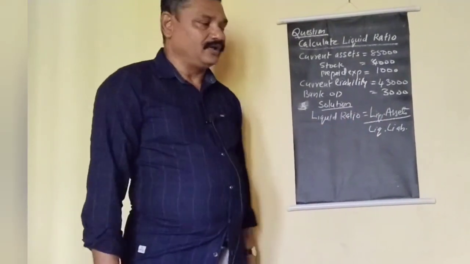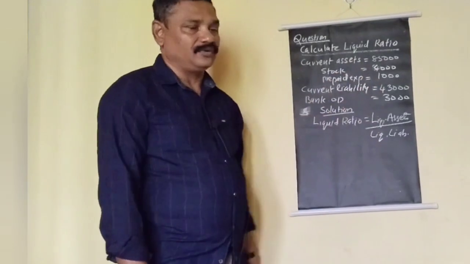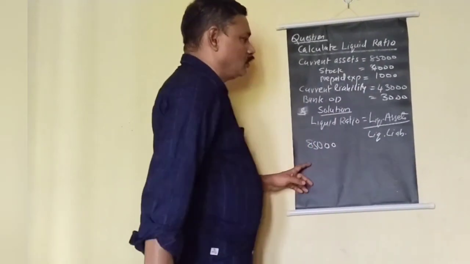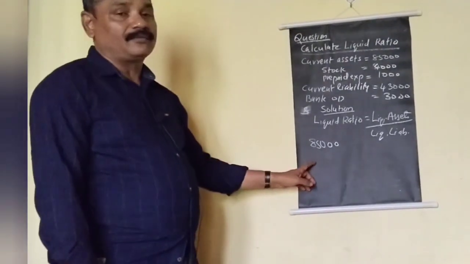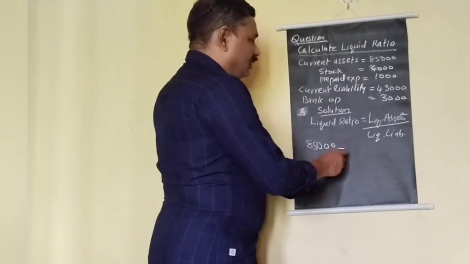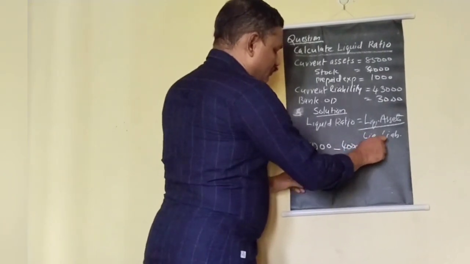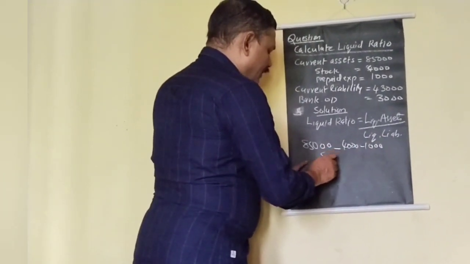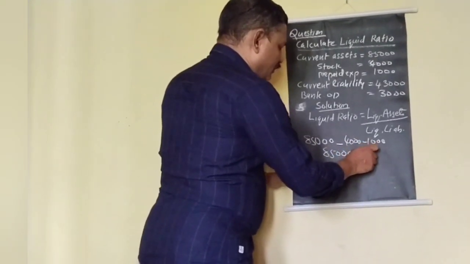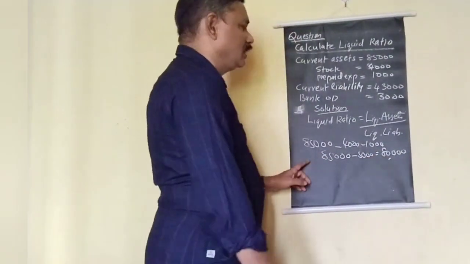What are the liquid assets here? Liquid assets means current assets minus stock and prepaid expense. So when we subtract stock and prepaid expense from current assets, we get 85,000 minus 4,000 minus 1,000. So we get 85,000 minus 5,000, it will be 80,000.